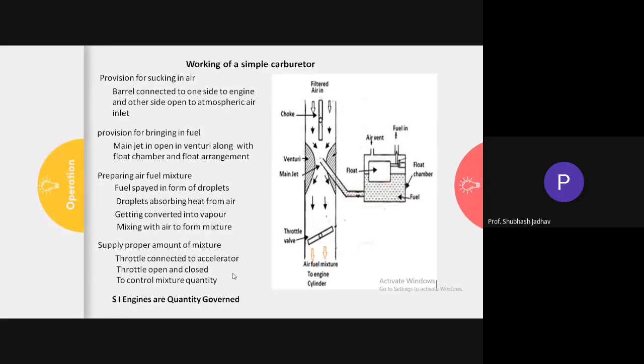I think in BME you might have come across the word governing. Suppose the load on the engine increases or decreases, what do we have to do? Something has to tell the engine that the load has increased, and accordingly the engine has to respond to produce more power.